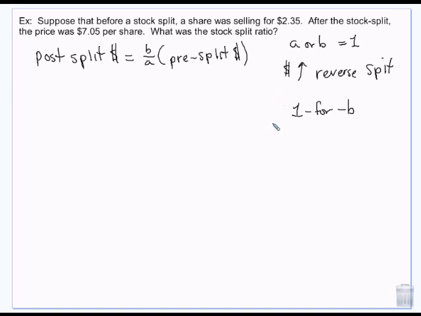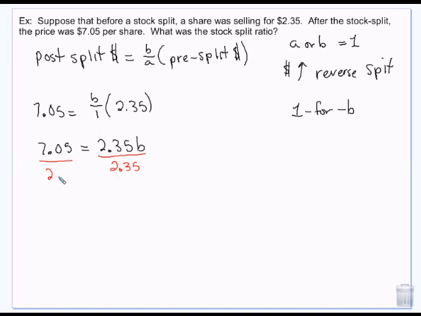So at this point, you would just divide the post by the pre, and then times 2.35, which is just B. Dividing 7.05 by 2.35 gives 3.